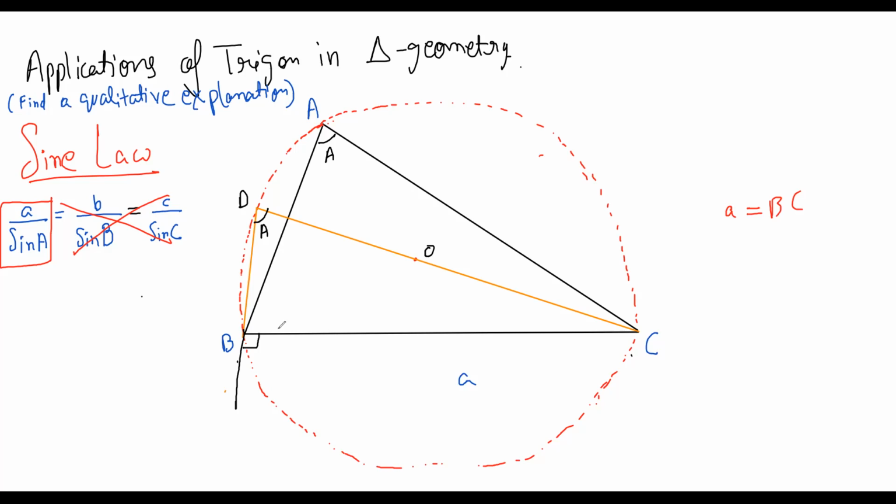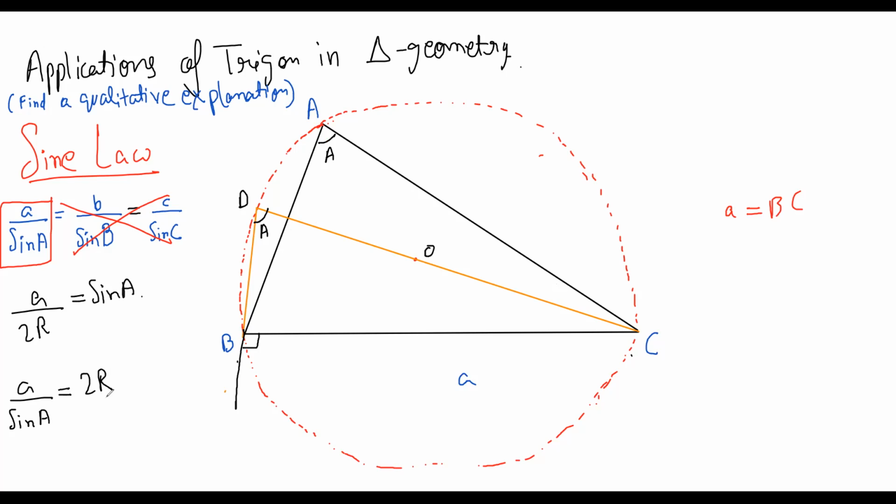Okay. This is A, and this DC is actually 2 times the radius. And so A by sine A, or A by 2R, is sine A. So A by sine A is 2 times the radius.